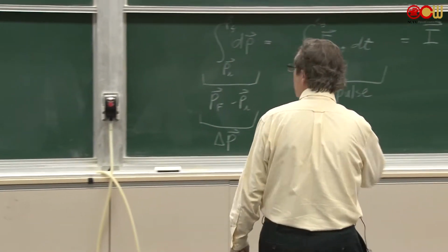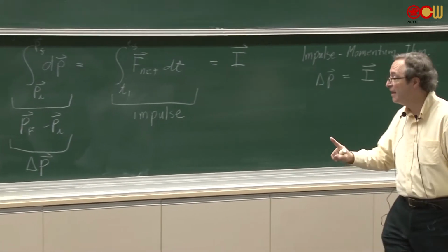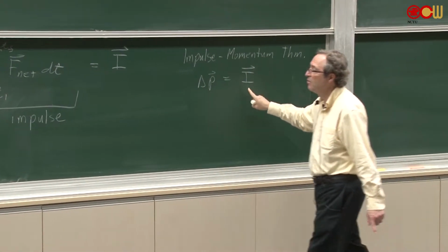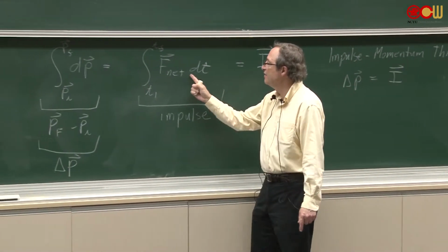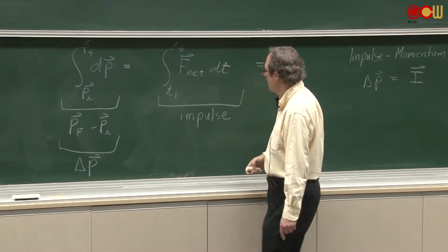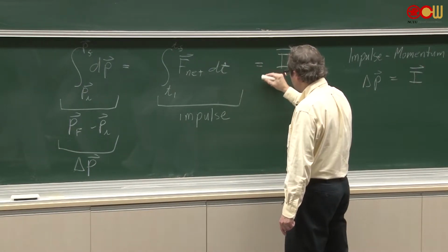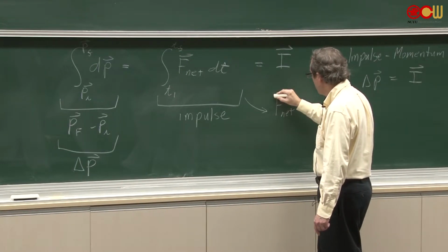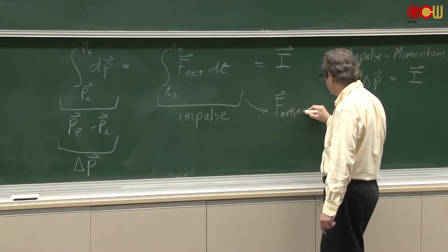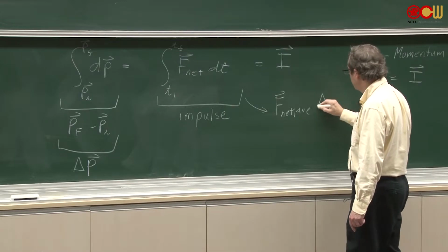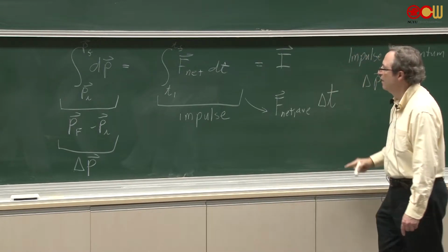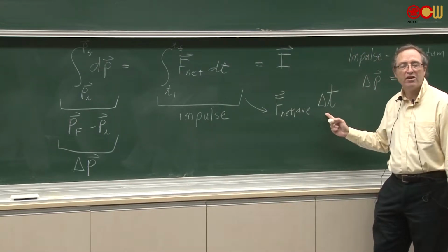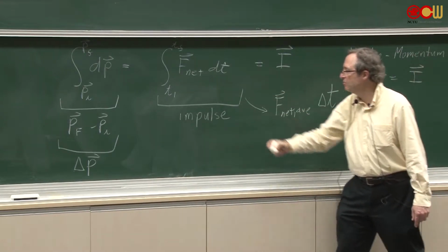Time. No, the impulse is the same. Impulse is the same, but what changes is the time. So I can write this as some kind of F net average times delta t.